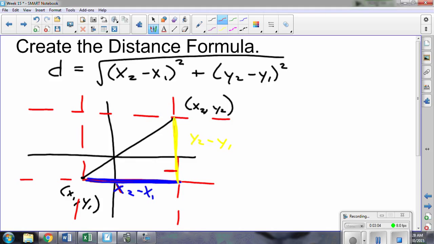What kind of a triangle is this? Absolutely, we've got a right triangle. And one of the things that you've learned about right triangles, you have the Pythagorean Theorem. Legs squared plus legs squared equals the hypotenuse squared. Well, looking at this particular thing, I'd like to rewrite it so that I have hypotenuse squared equals leg squared plus leg squared, just using the symmetric property.